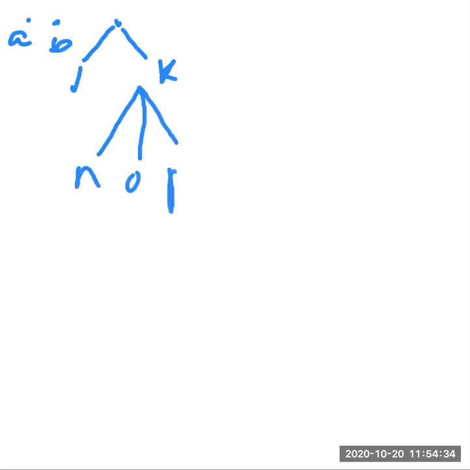Now if I make B visited, what happens? There will be 2 subtrees again under B. One starting at E. E will have J and K, and K will have N, O, P. And this is E. There will be F. The next part of the tree will remain as it is.